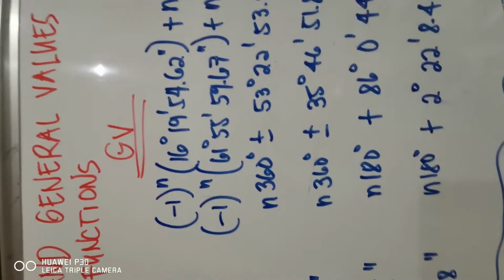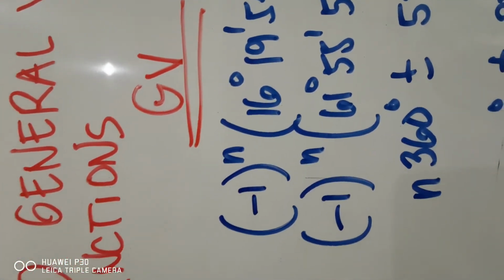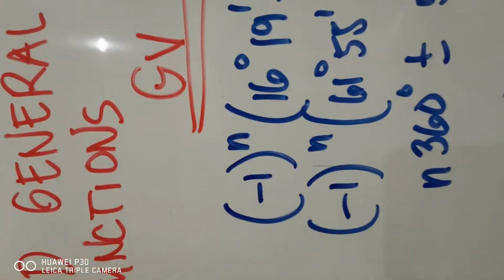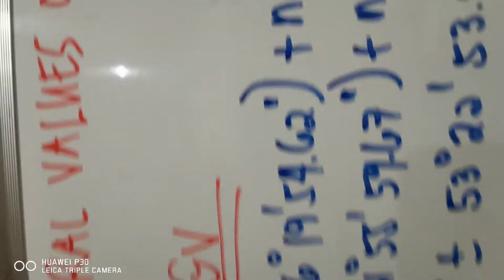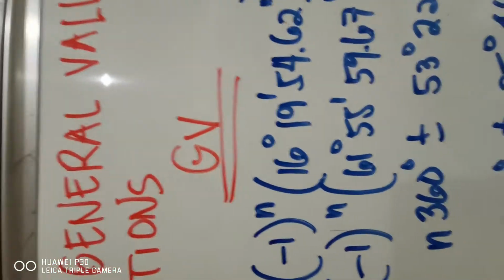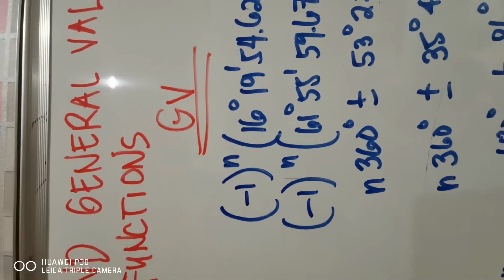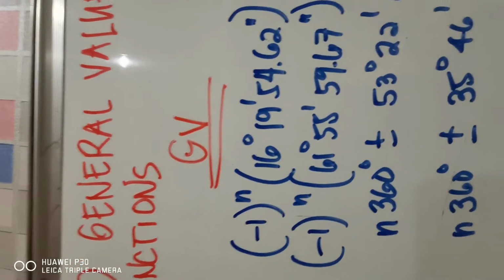So what is the essence of the n there? N is any value you would like to substitute. If you substitute 0 for your n, then what you get is your principal value. Now you can substitute 1, 2, 3, 5, or even 1,000 or 1,000,000. You can substitute -3, -10, or -20, or negative infinity.